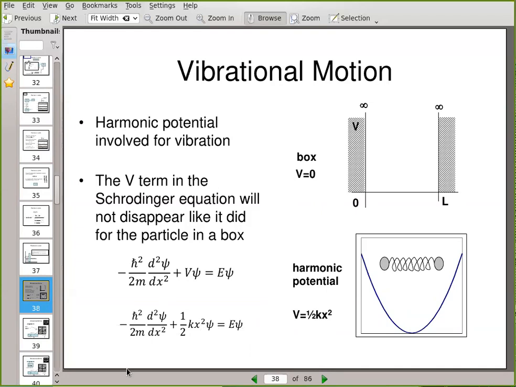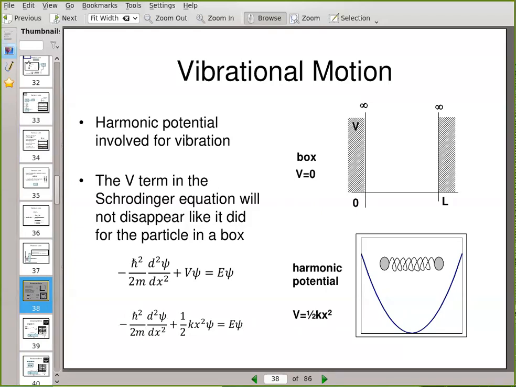And of course, now this whole lot that we've got there must not damage psi. Solving this is a little bit more complicated, and it's beyond the scope of this course that we would try and solve it. But I'll show you what the results are.